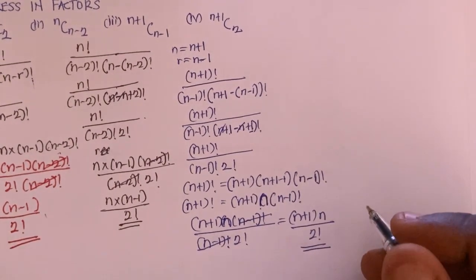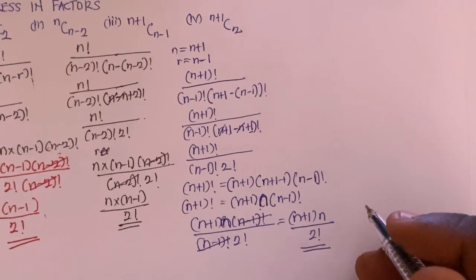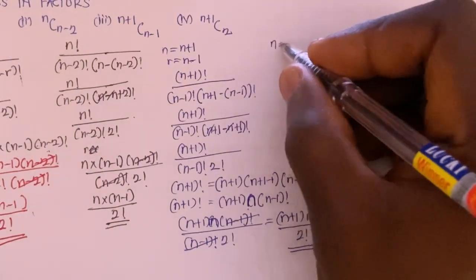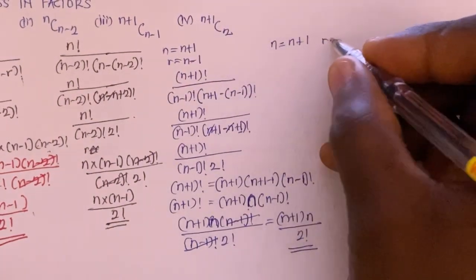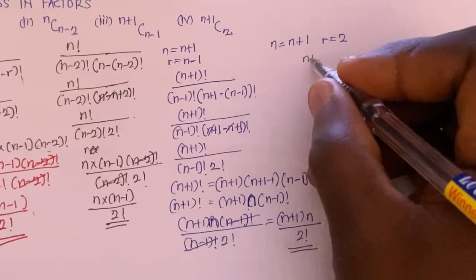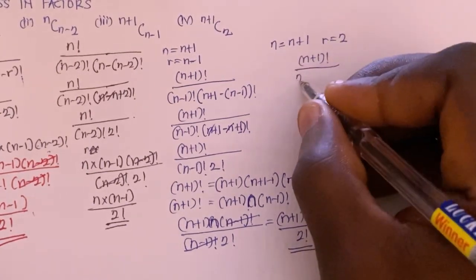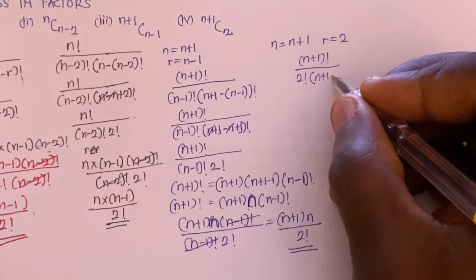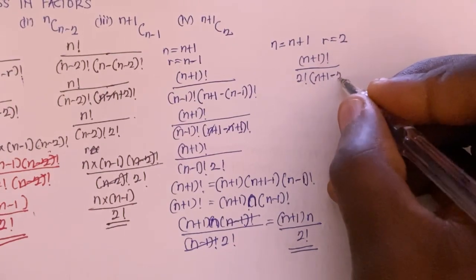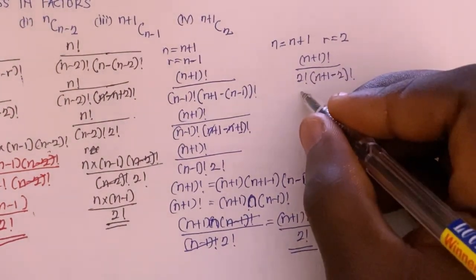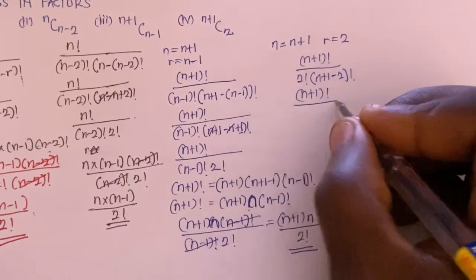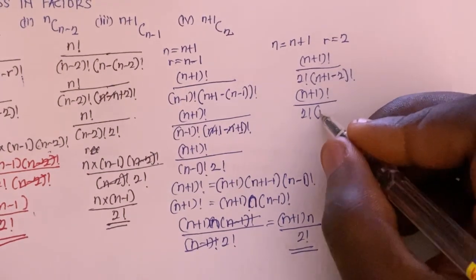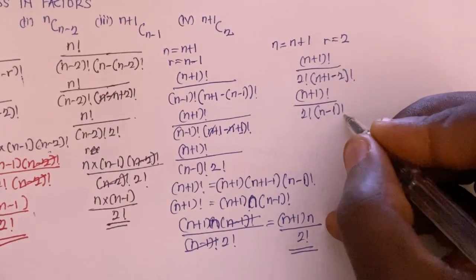Exactly. The factor form is just like simplifying. Let us move towards the last one, which is the first one. Our n is n plus 1, and our r is 2. Putting it inside the formula, I have n plus 1 factorial divided by 2 factorial into brackets (n plus 1) minus 2 factorial, which is n minus 1 factorial.